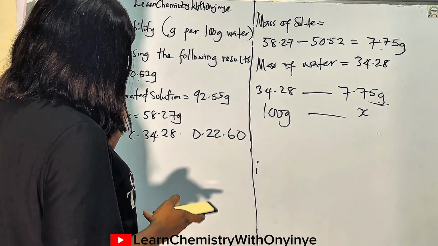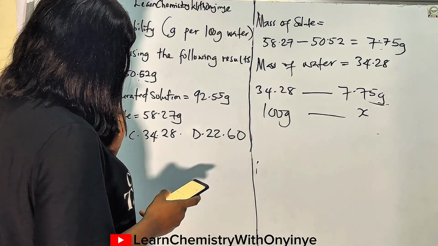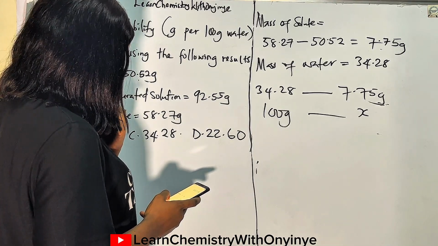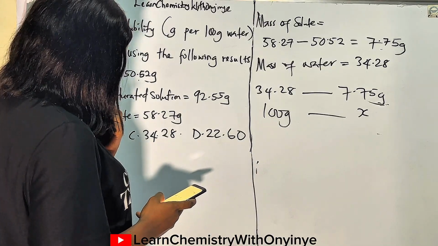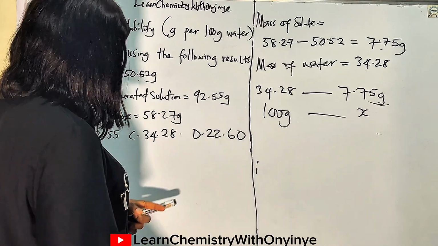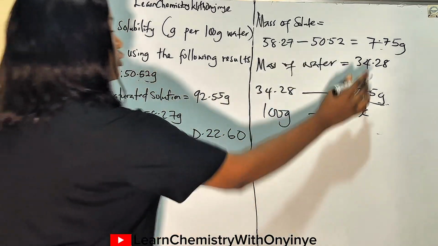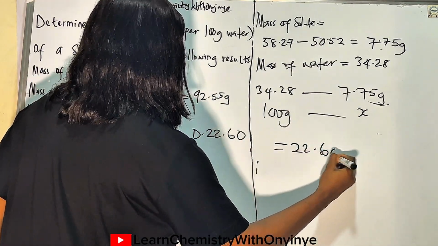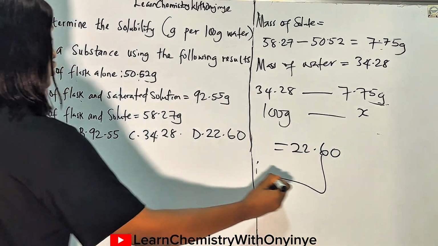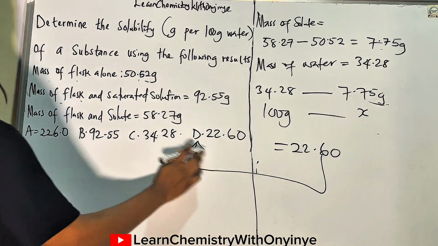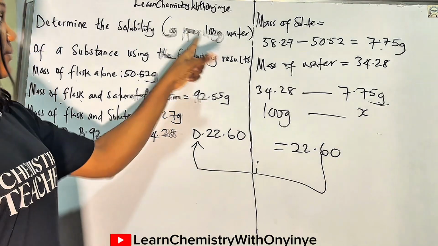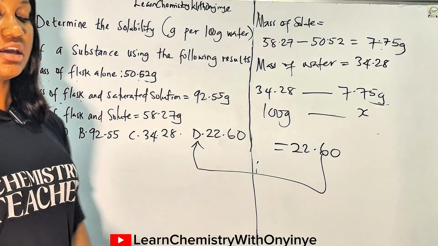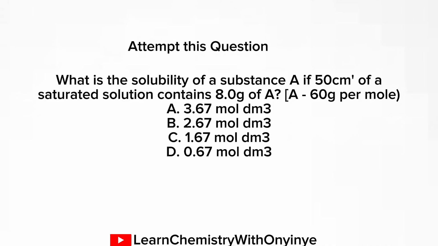You have 100 times 7.75, divided by 32.28, which gives 22.60. So doing this, you're going to have 22.60, which corresponds to D. So the answer to solubility in gram per 100 gram of water is 22.60. Now, if you understand this, solve the question on the screen to be sure that you understand what we just solved.